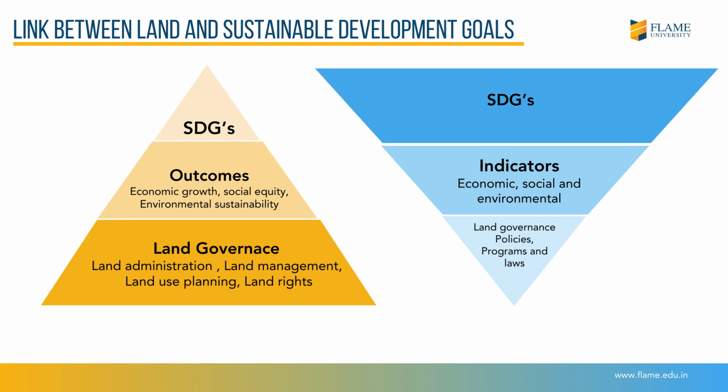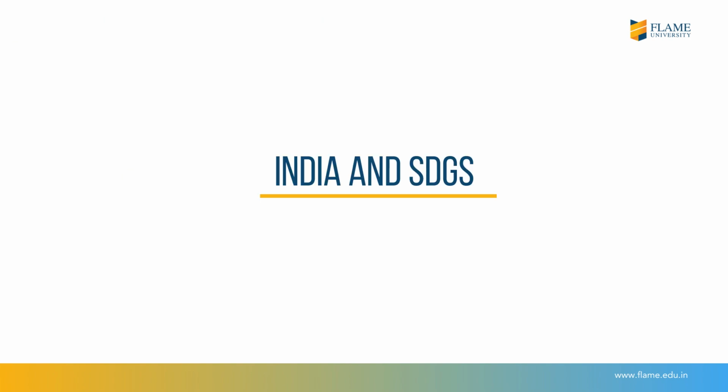Hence, SDGs are a roadmap for designing policies. Particularly in India, SDGs have become a guiding principle behind policies and schemes such as Pradhan Mantri Awas Yojana, Smart City Mission, Swachh Bharat Abhiyan, and others. On this note, let's explore India's journey in adopting these SDGs.